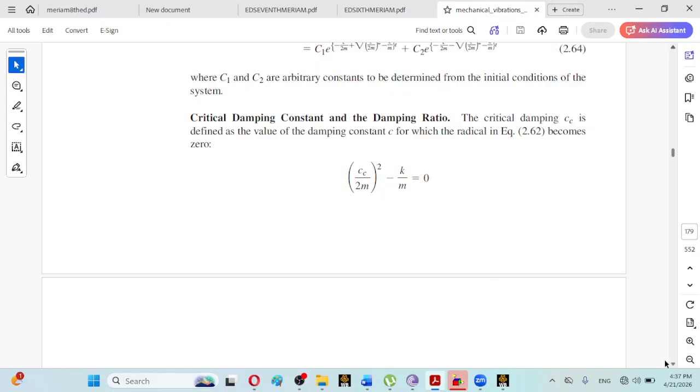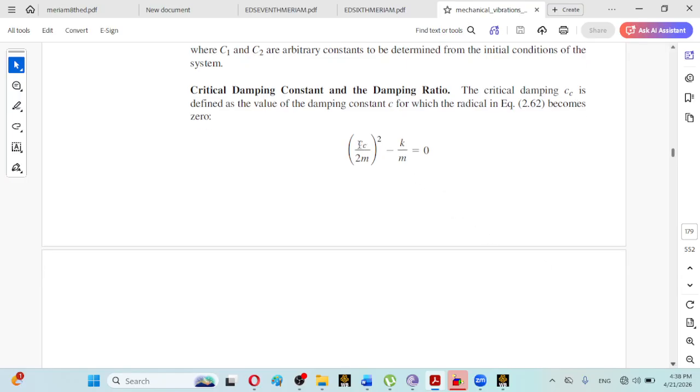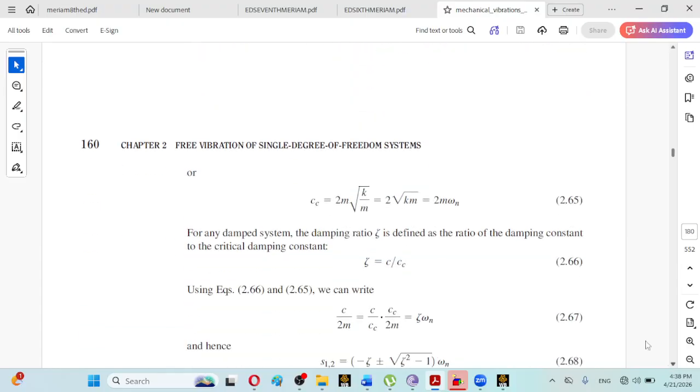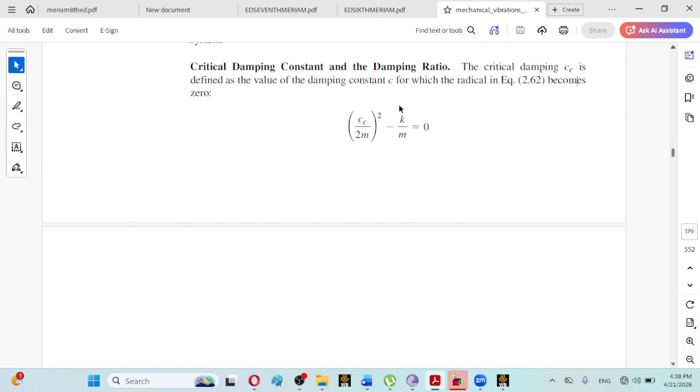So this is the simple definition. Here, as we can observe, we have replaced c by c subscript c, the critical damping constant. The value of the critical damping constant comes out to be cc equal to 2m times the square root of k by m.